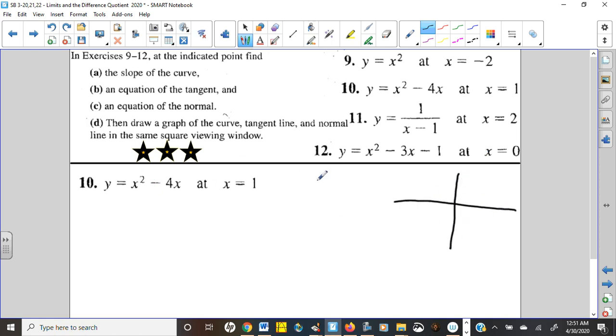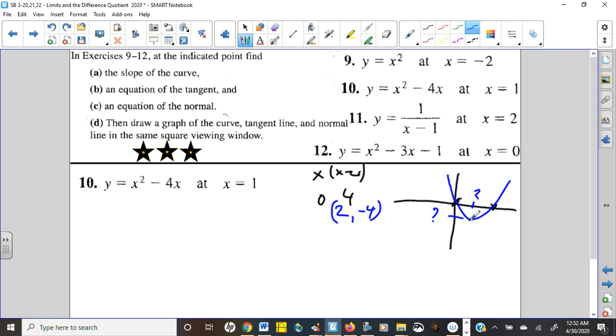If I factor that and get x minus 4, my zeros are 0 and 4, and it's positive x squared. So this is going to open upward. The vertex is pretty easy because of the symmetry of parabolas. The vertex is going to have to be at x = 2, right? I can plug the 2 in and get 4 minus 8, so negative 4.